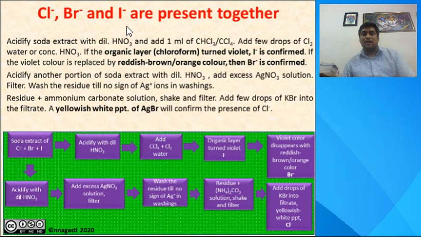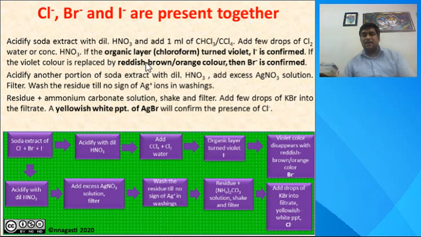And if all these halides are present together, chloride, bromide and iodide, then how to test? Acidify the soda extract with dilute nitric acid, then add chloroform or carbon disulfide or carbon tetrachloride, an organic solvent. Then add a few drops of chlorine water or a few drops of concentrated nitric acid, because this also serves the purpose of an oxidizing agent.